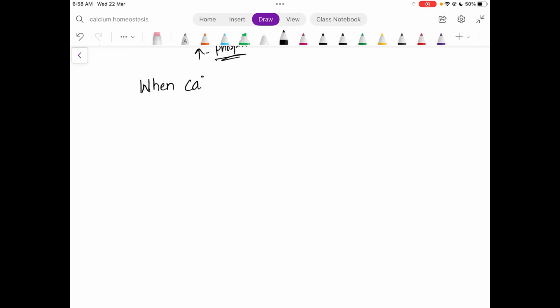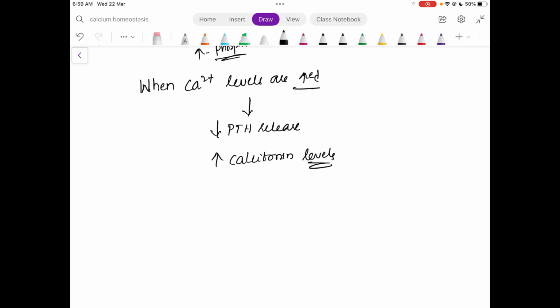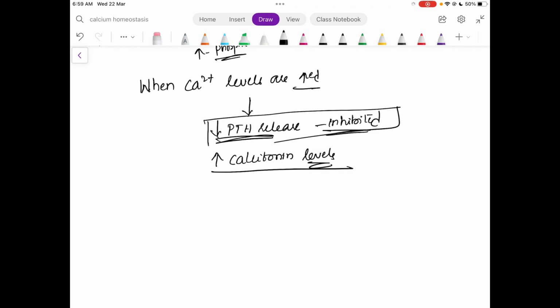When calcium levels are high, what will happen? It will cause decreased PTH release and increased calcitonin levels. That means PTH release is inhibited, so no PTH, and there will be increased calcitonin levels.